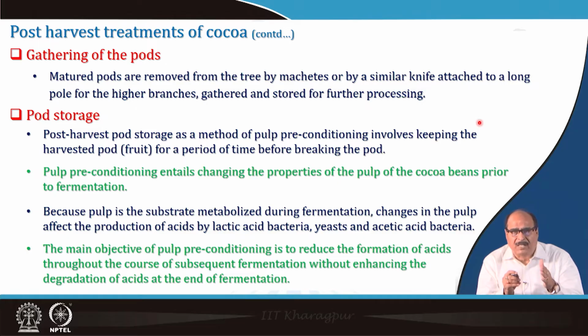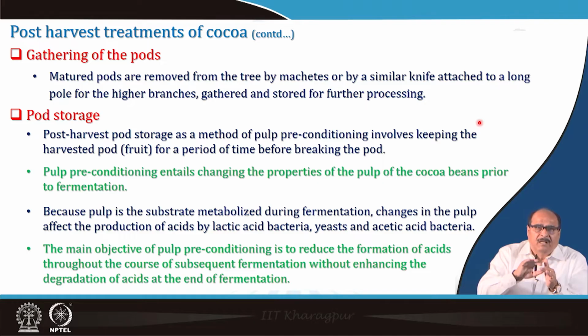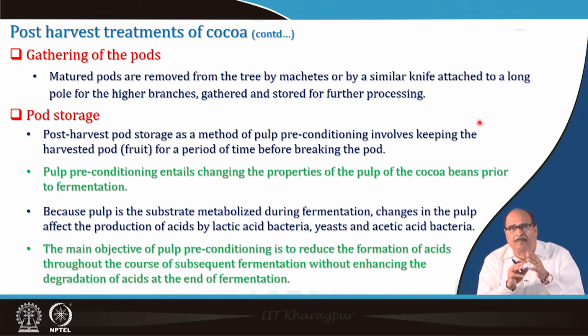Post harvest pod storage as a method of pulp preconditioning involves keeping the harvested pod, the fruit you have seen in the last slide, for a period of time before being broken. The pulp preconditioning entails changing the properties of the pulp of the cocoa beans prior to fermentation.